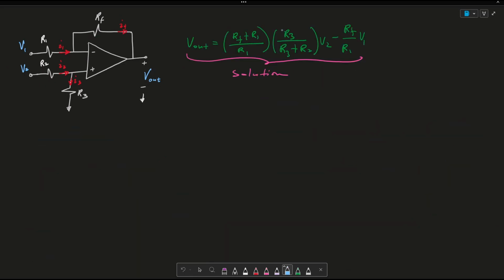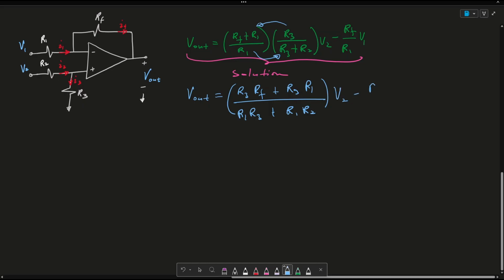So what I'm going to do here is take my solution and distribute my R3 to these two components and my R1 to these two components. So then we could say that Vout is equal to R3 RF plus R3 R1 over R1 R3 plus R1 R2 times V2 minus RF over R1 V1. From our numerator, let's go ahead and pull out an R3 RF, and we're left with 1 plus R1 over RF.